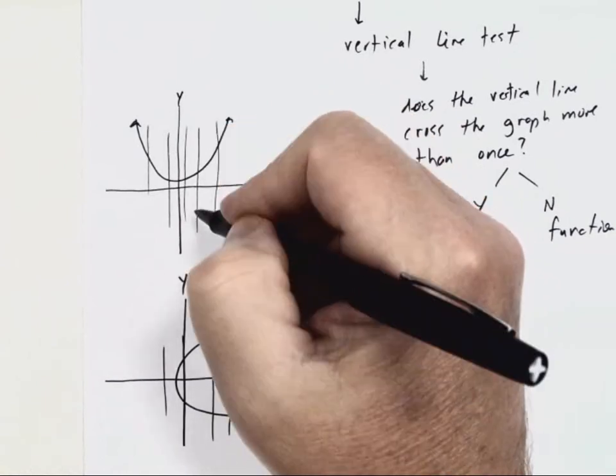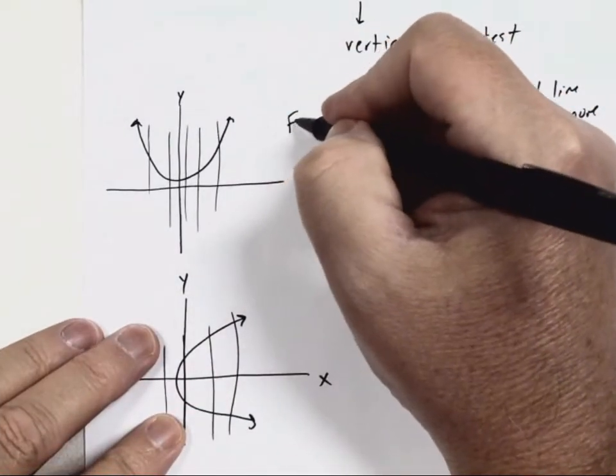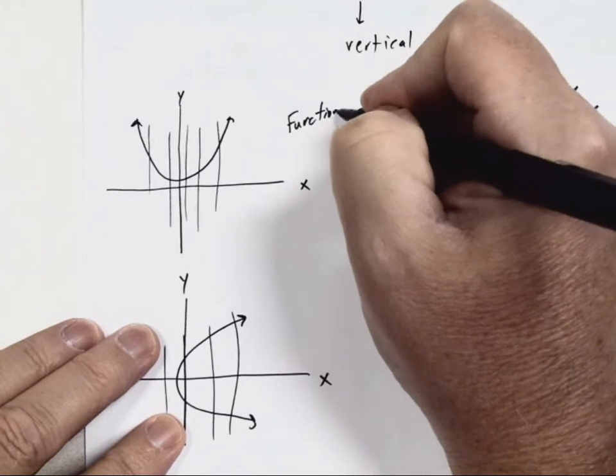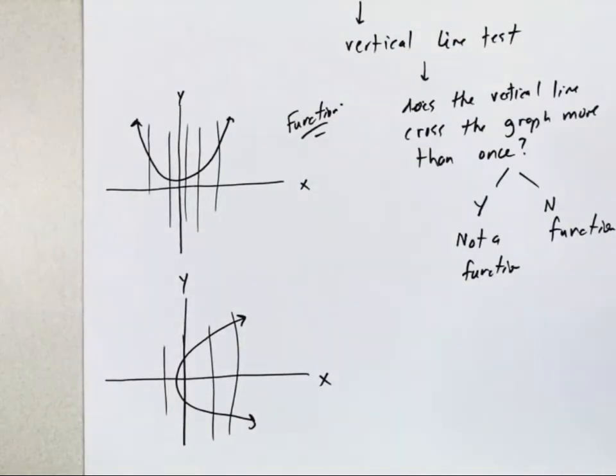And you can see here, all these vertical lines only cross the graph once. So that means this is a function. We say it passes the vertical line test. Vertical line only crosses the graph once, it's a function.